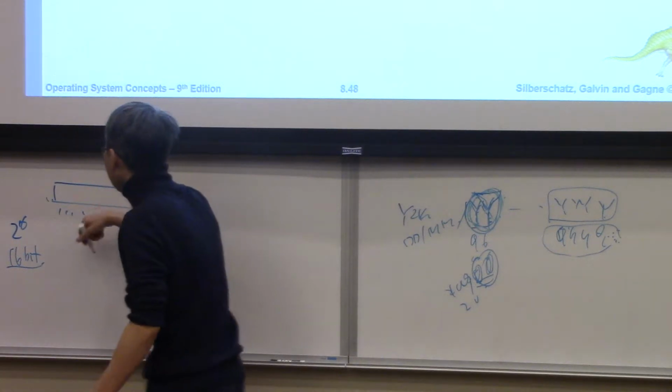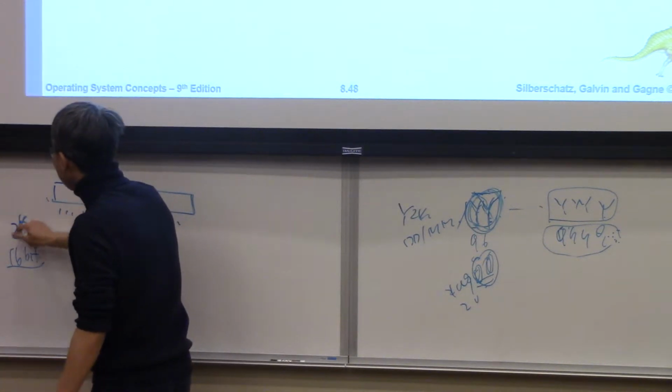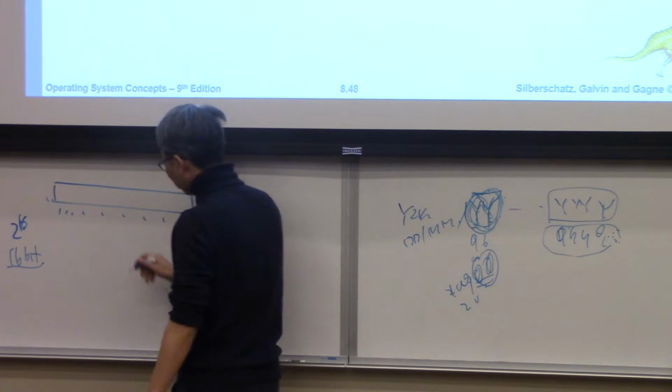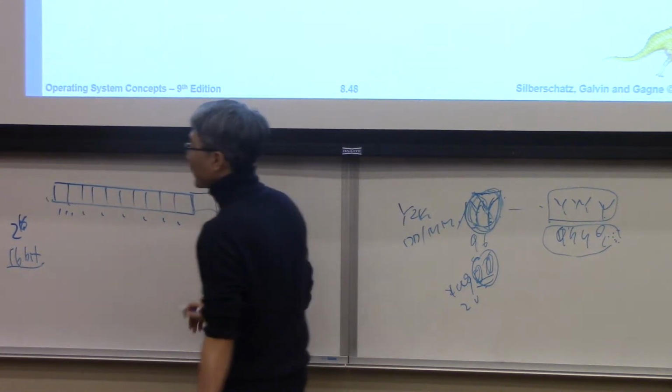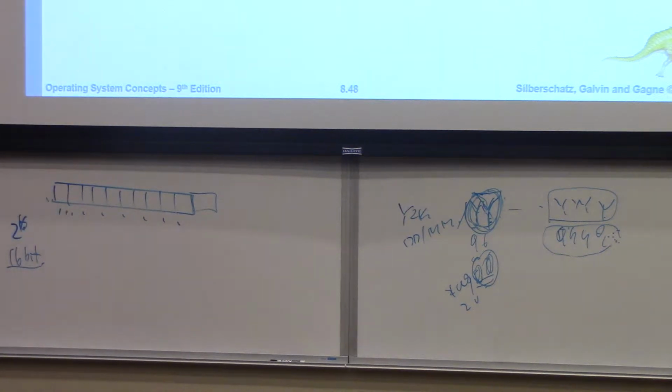So this is the same thing. If you are using a 16-bit processor, then it can understand up to 16 bits. Then this time we need to divide this 16-digit address in two. One is used for the page number, another one is for the offset.